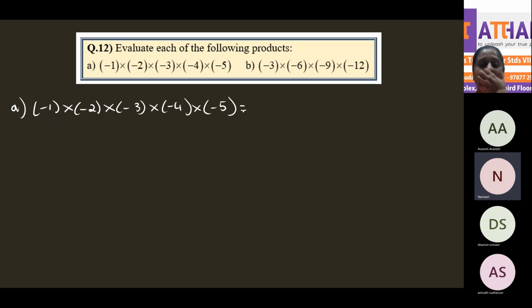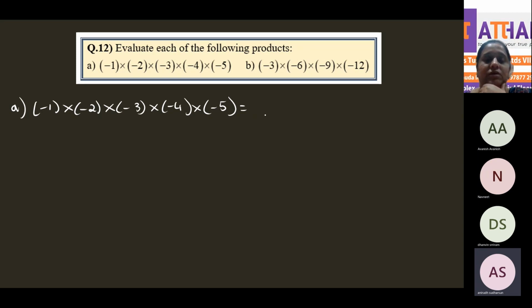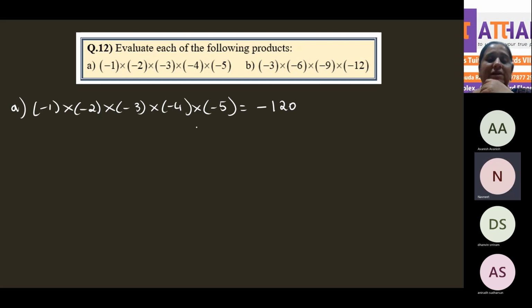Even or odd? 5 minus signs. Odd number of minus signs, so first you put minus, and then we multiply all. 1 into 2 is 2, 2 into 3 is 6, 6 into 4 is 24, 24 into 5 is 120. So minus 120.